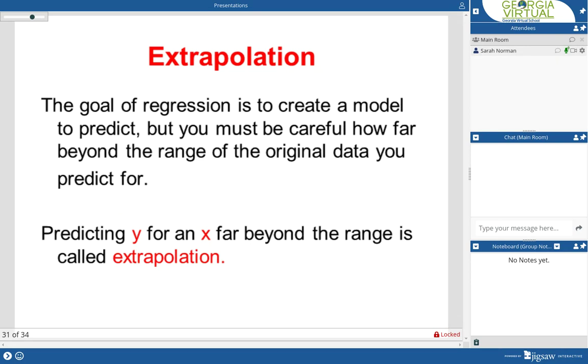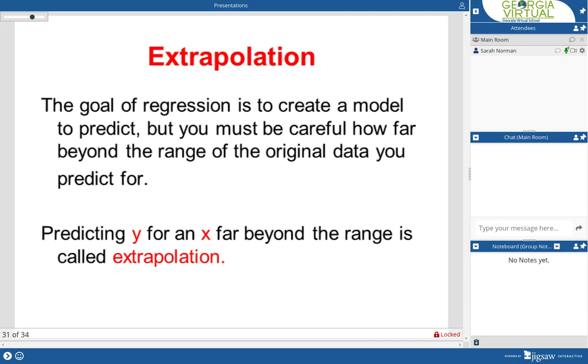Extrapolation. This is the goal of the regression, to create a model to predict, but you must be careful how far beyond the range of the original data that you predict for. This again goes back to that example where I was talking about using a person's height to predict their weight.